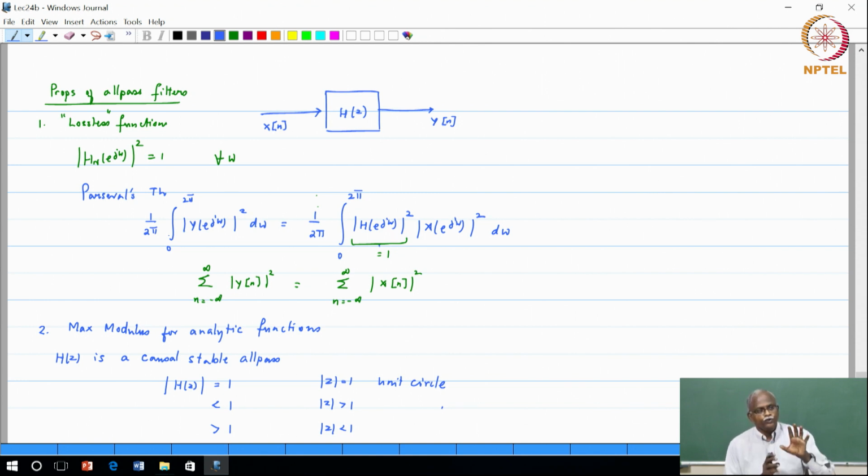Now, I want to just do a sanity check. Where are the poles of h of z? Inside the unit circle. So there will be points where the magnitude of h of z blows up, which means it will be greater than 1. So that is satisfied. Inside the unit circle there will be poles which cause it to blow up.